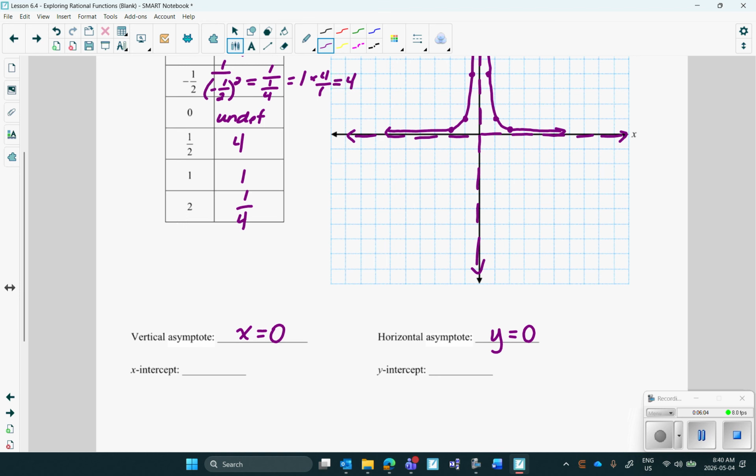It's always going to be y equals 0. What's the x-intercept? Where does this graph hit the x-axis? It doesn't. So there's none. How about the y-intercept? None as well.